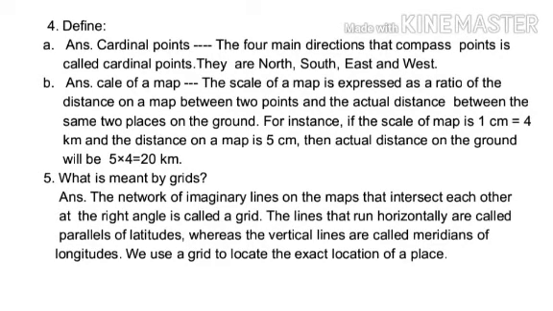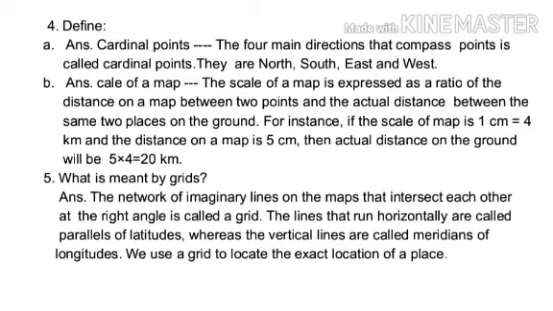The scale of a map is expressed as a ratio of the distance on a map between 2 points and the actual distance between the same two places on the ground. For instance, if the scale of a map is 1 centimeter equal to 4 kilometers and the distance on the map is 5 centimeters, then the actual distance on the ground will be 5 into 4 equals 20 kilometers.